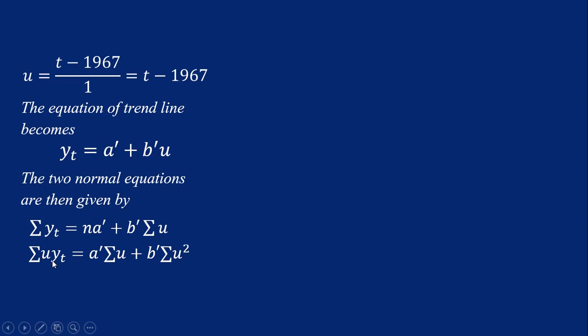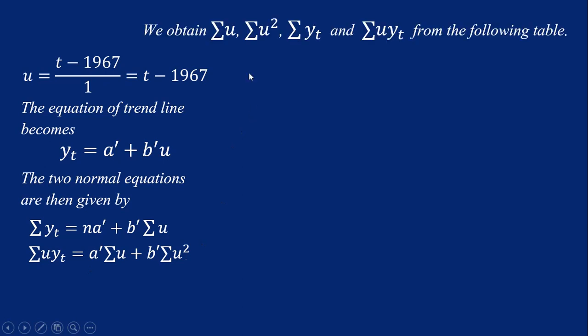Second equation, summation u yt is equal to a dash into summation u plus b dash into summation u square. Okay, and we have taken this middle value so that summation u here and here become 0 and the calculation becomes simple. Okay, we will see them.